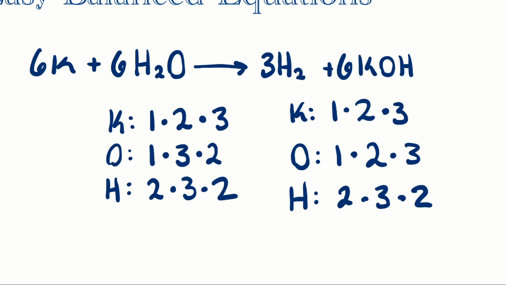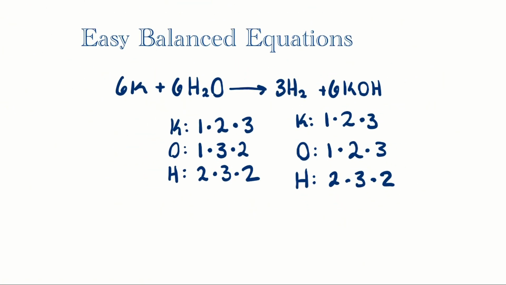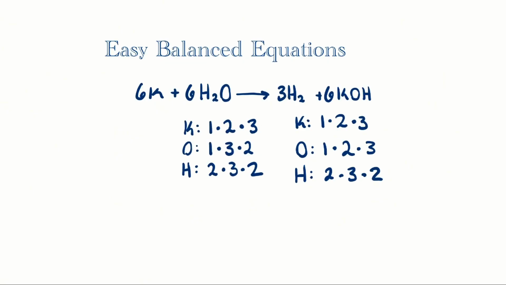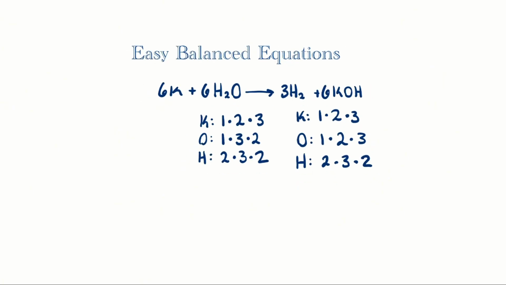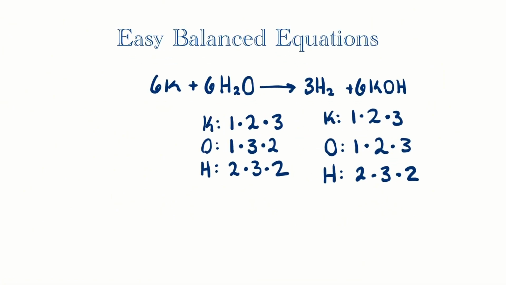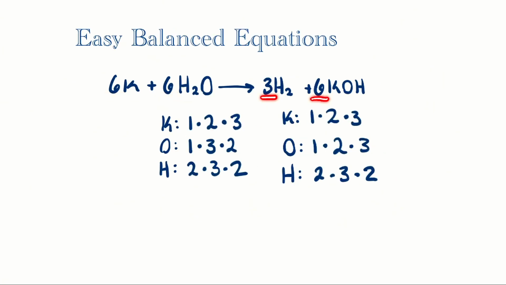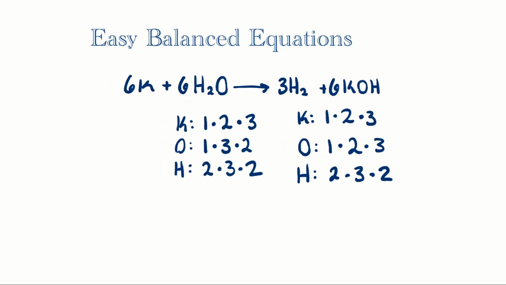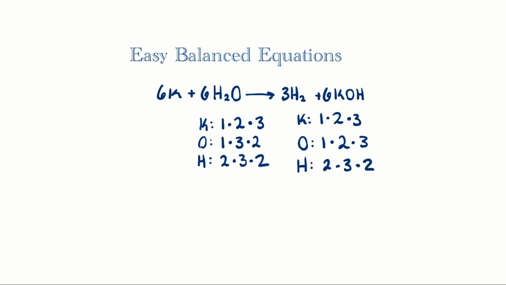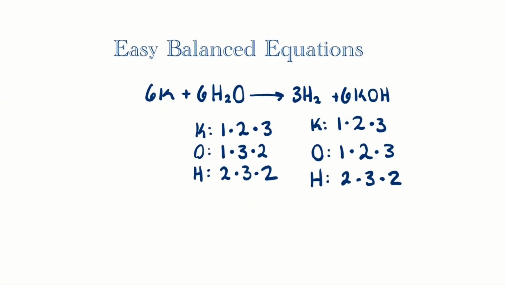And the other thing that we would want to do in this case is, because it's an equation, and because we know that the amount of atoms on the left side is equal to the amount of atoms on the right side, we can take a look at what we have here. We have common multiples in the molecules of the reactants and the products.